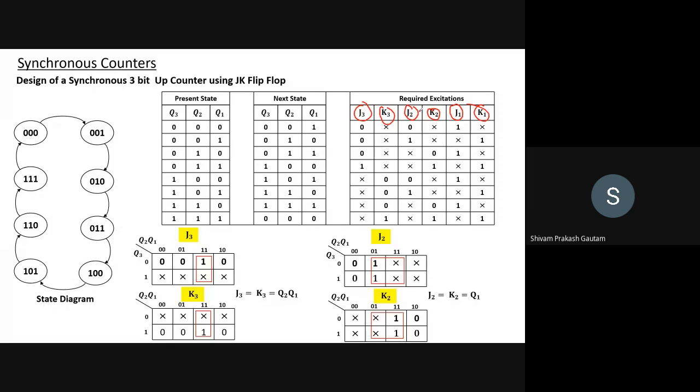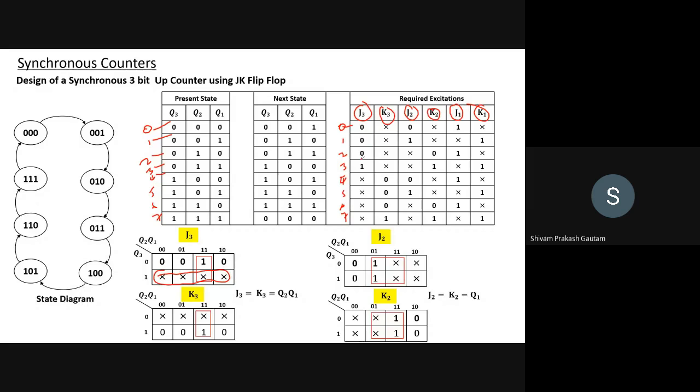You have to find the expression for all of them, and you have to make a K-map according to the entries. These are the entries, this can be 0, 1, 2, 3, 4, 5, 6, and 7. So for 0, what is the value of J? 0. So 4, 5, 6, 7 is don't care.